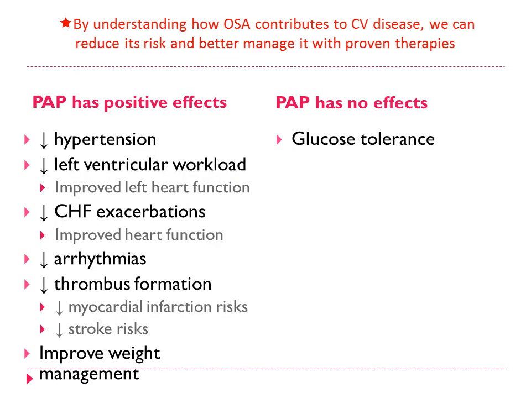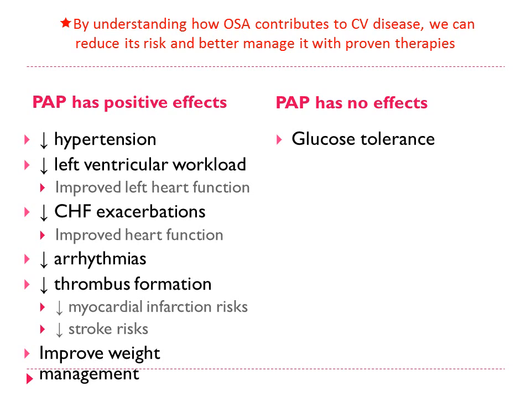Again, at the beginning of this PowerPoint, you saw the statement that by understanding how OSA contributes to cardiovascular disease, we can reduce its risk and better manage it with proven therapies. Well, here is a slide that shows what therapies really do have positive effects on reducing the risks of cardiovascular disease. On the left-hand side, you see that positive airway pressure will decrease hypertension.